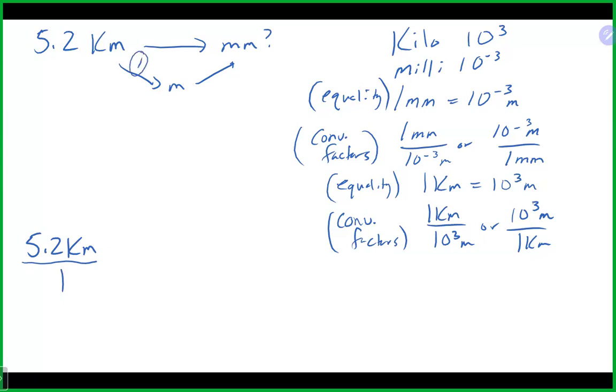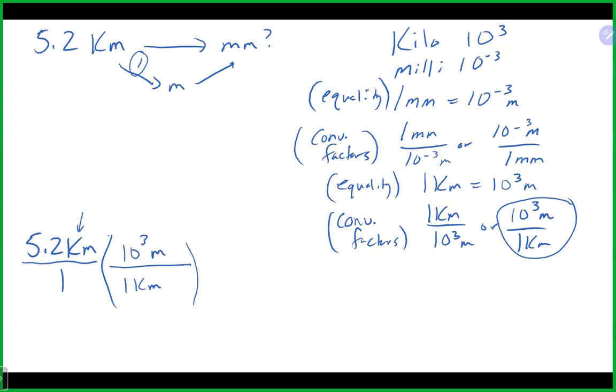We want to choose the conversion factor that's going to do that. Since our kilometers are on top, we need it in the opposite location to cancel. So we'll take the one on the right, and that's going to get me 1 kilometer is 10 to the 3 meters.